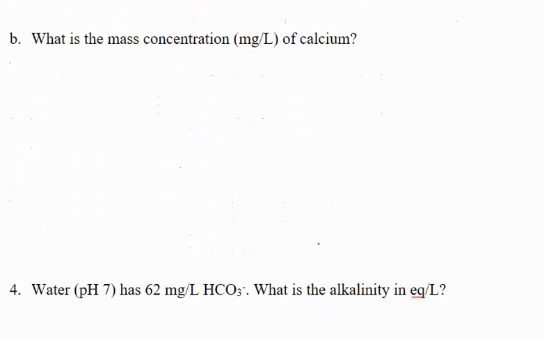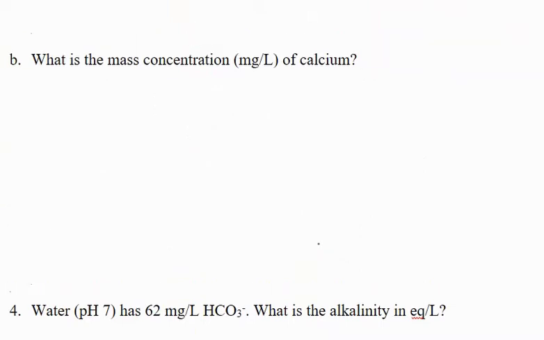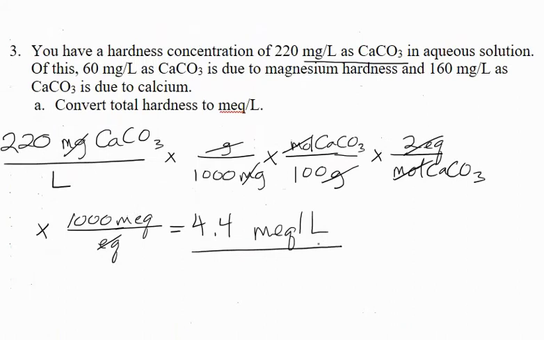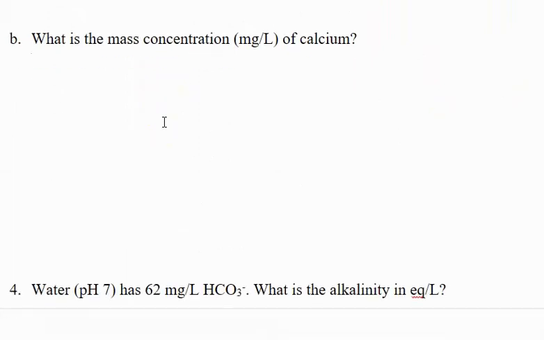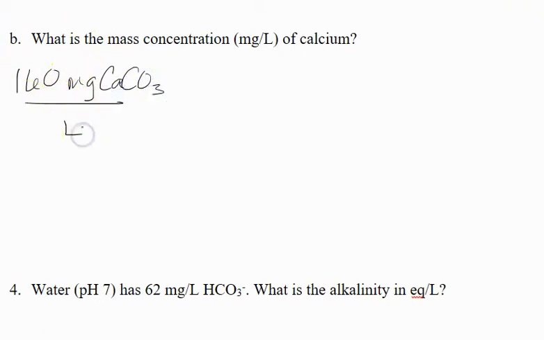Okay, what is the mass concentration in milligrams per liter of calcium? So if we go back here, we will see that 160 milligrams per liter as calcium carbonate is due to calcium. So I'll start with that 160 milligrams per liter, 160 milligrams calcium carbonate per liter here.